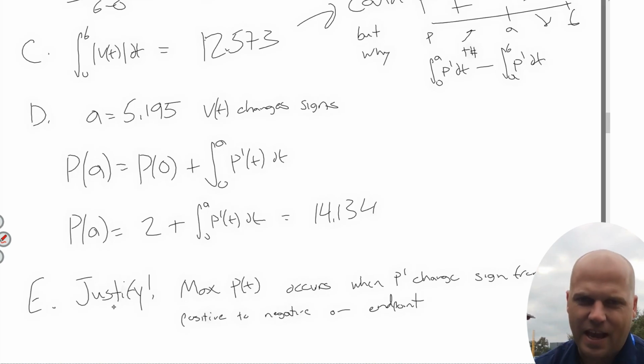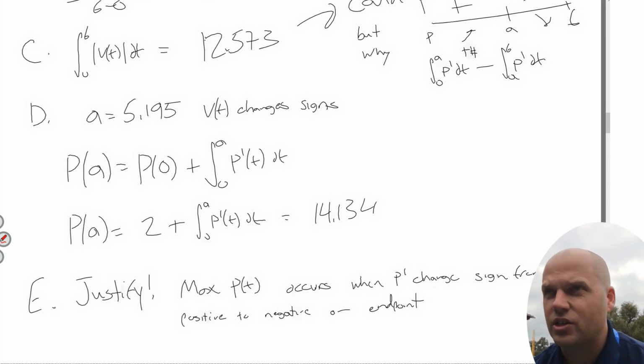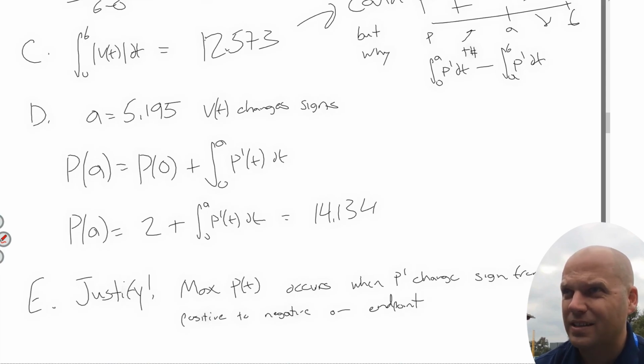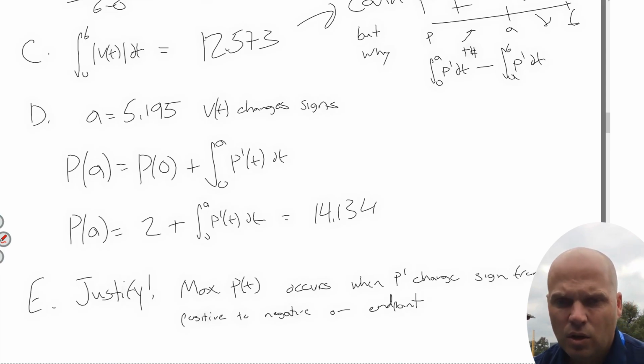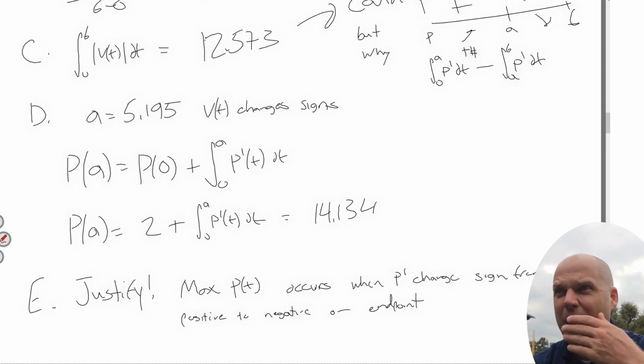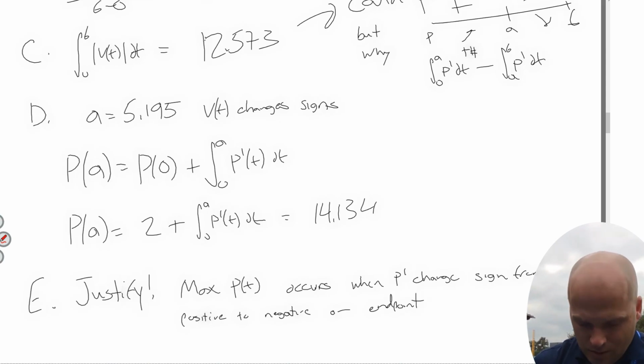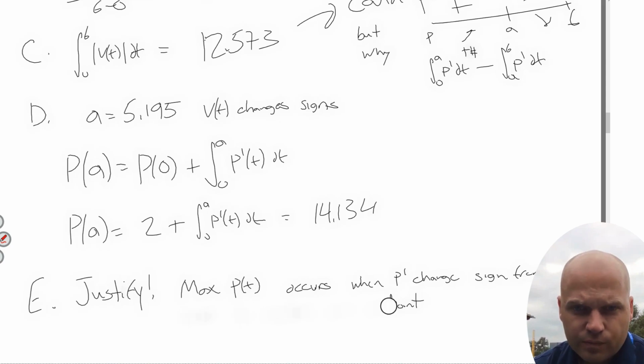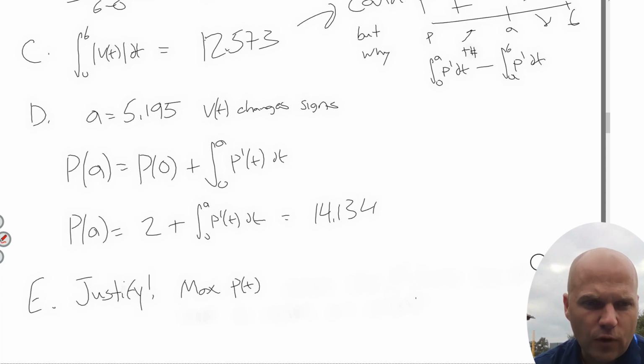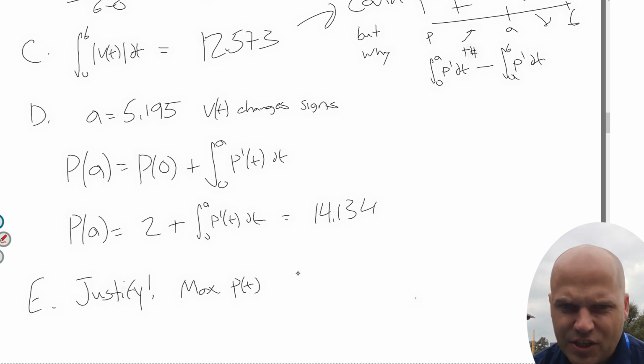I'm not going to say that in this situation. I kind of know for a fact that we have a max at A. So, since I know for a fact it's at A, I don't have to really check any candidates. I can say max of P of T is P of A, which equals 14.134.